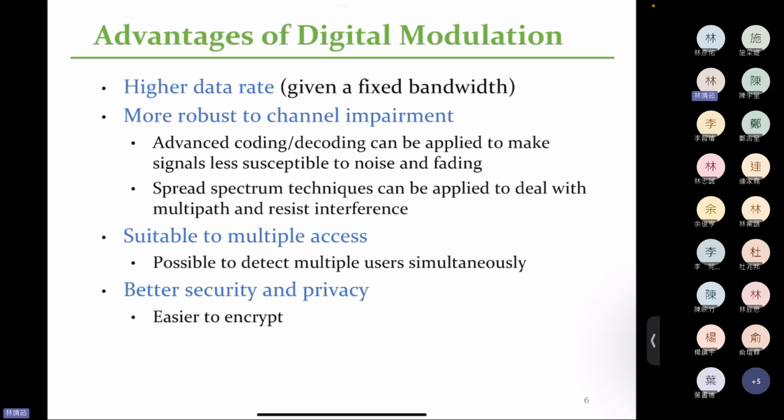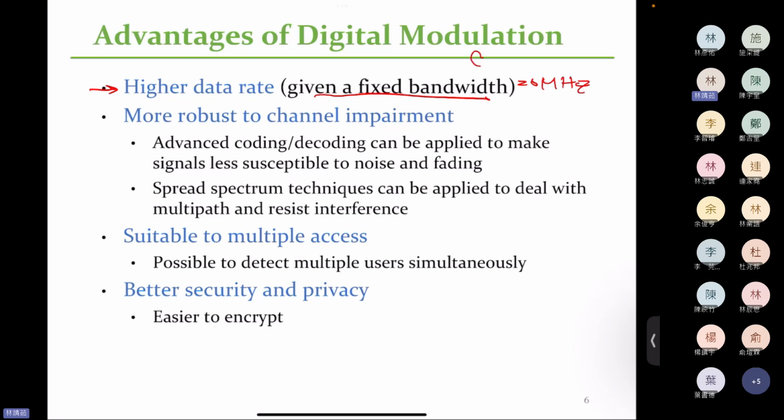The good thing is that digital modulation can give you a higher data rate. Assume that we have a fixed bandwidth, say 220 megahertz. Remember last week we talked about a theory called Shannon capacity, right?